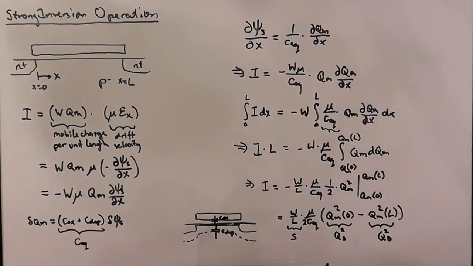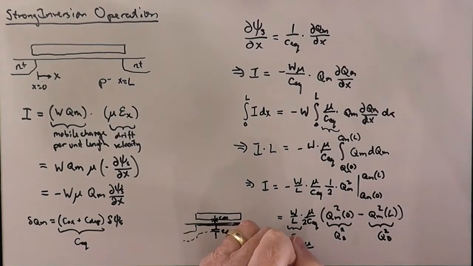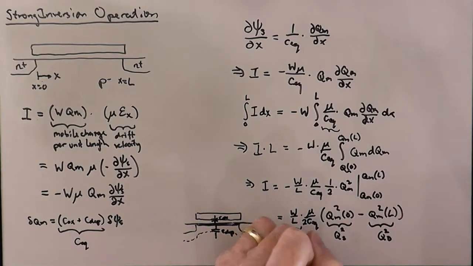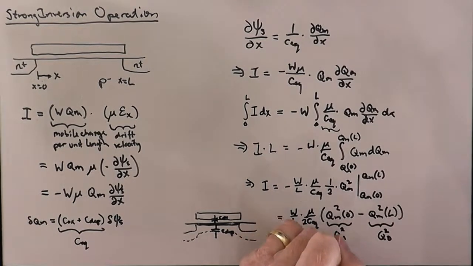Okay, so this is the current as a function of S mu over 2C equivalent times Q_S squared minus Q_D squared.